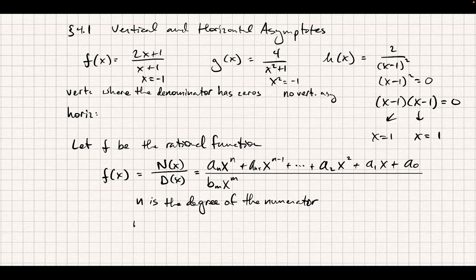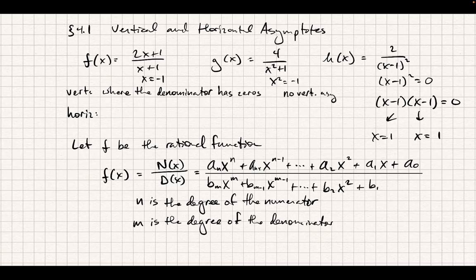So m is the degree of the denominator. And then b sub m minus 1, x to the m minus 1, plus dot dot dot, plus b2 x squared, plus b1 x, plus b0.